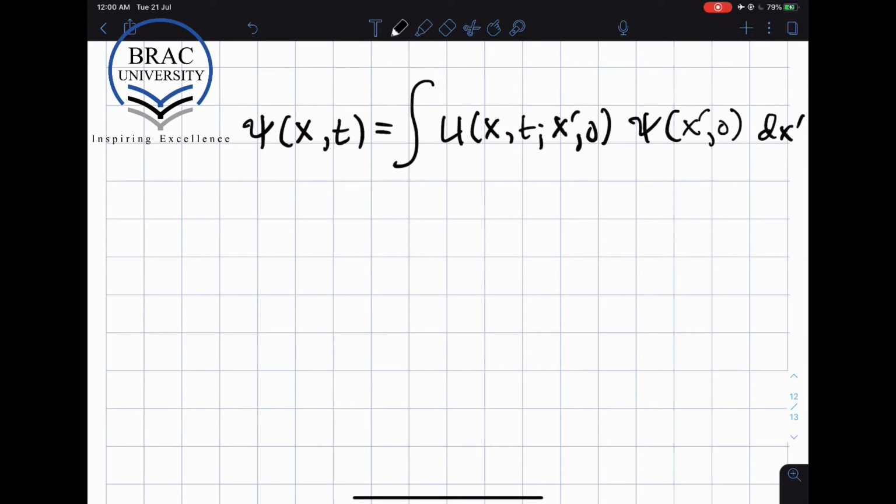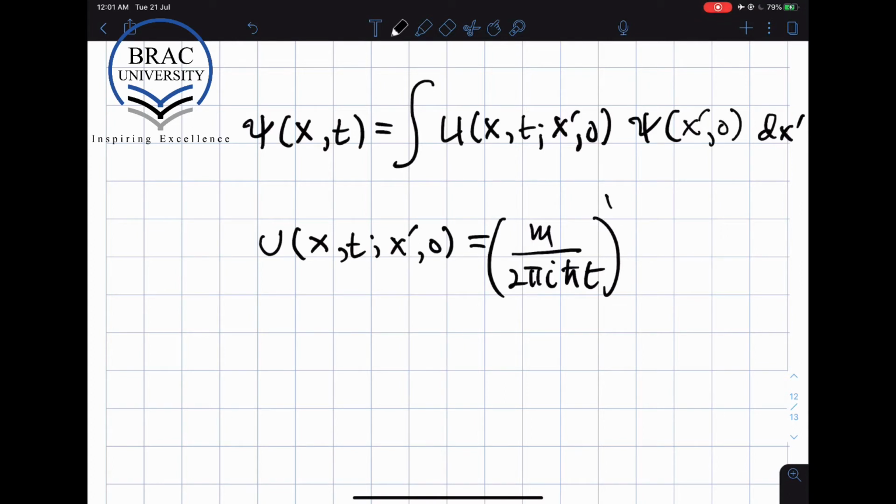And we saw that U(x, t; x', 0) is given by the square root of m over 2 pi i h bar t, times e to the power i m (x minus x') squared divided by 2 h bar t.